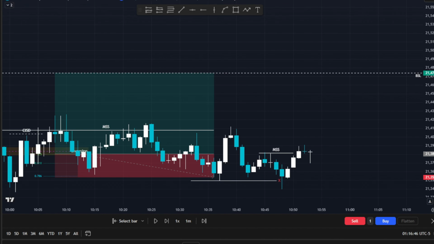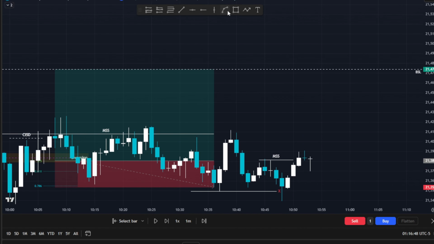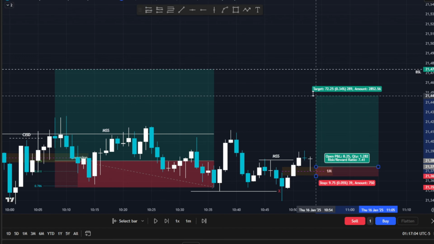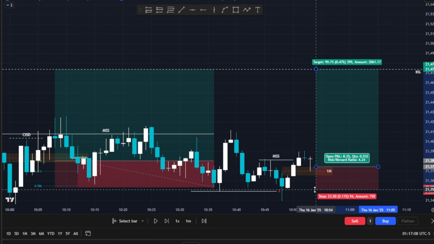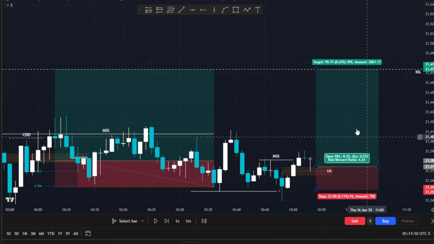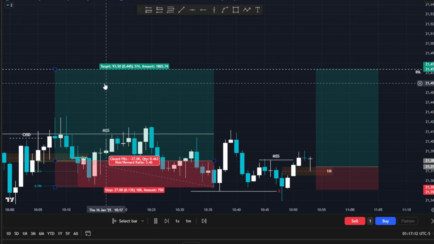Jumping to the 1 minute, we can see there is a 1 minute fair value gap here that we can enter on this candle. Then we can enter here and target up here, and then we'll target this low. Okay, and let's see how it plays out.